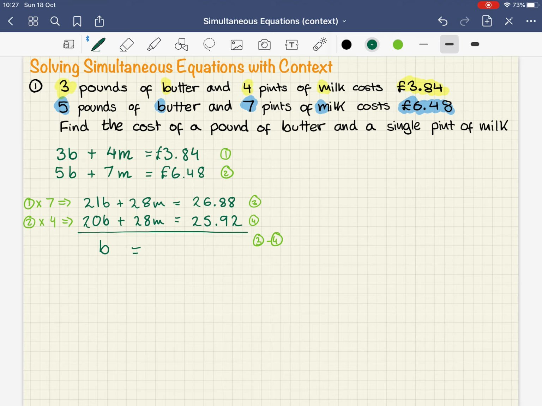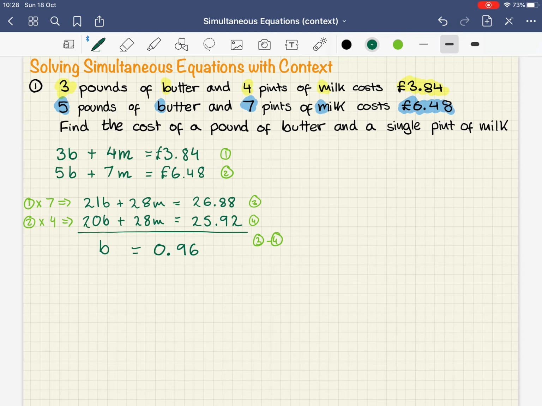And then subtracting the other ones, that is going to give me, I don't know why I'm doing this in my head, 9.6, I believe. Let's actually just double check that. 26.88 take away, yep, 0.96. So that is the cost of £1 of butter.